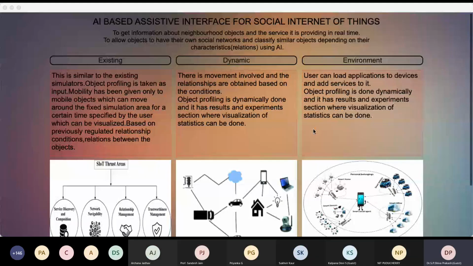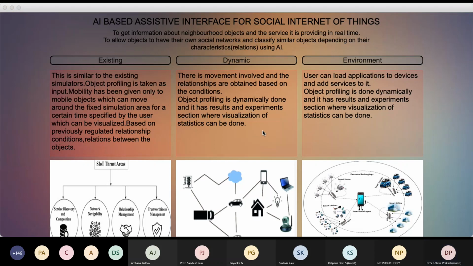If you observe this particular simulator, we have 3 modes: existing, dynamic, and environment. In the existing mode, we won't find the relationship; rather, we establish the relationship manually. We are supposed to establish that.